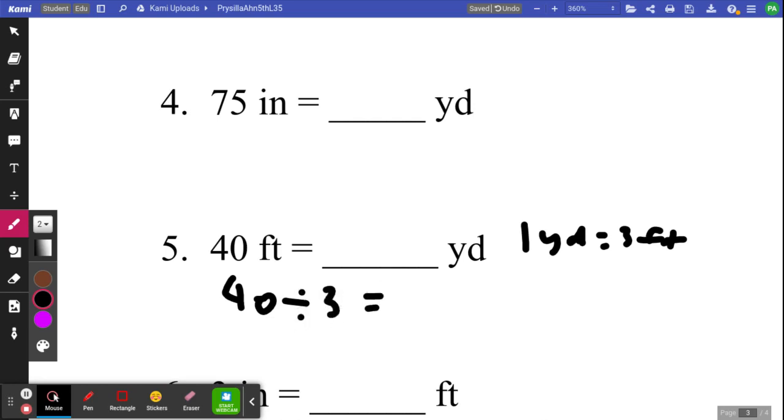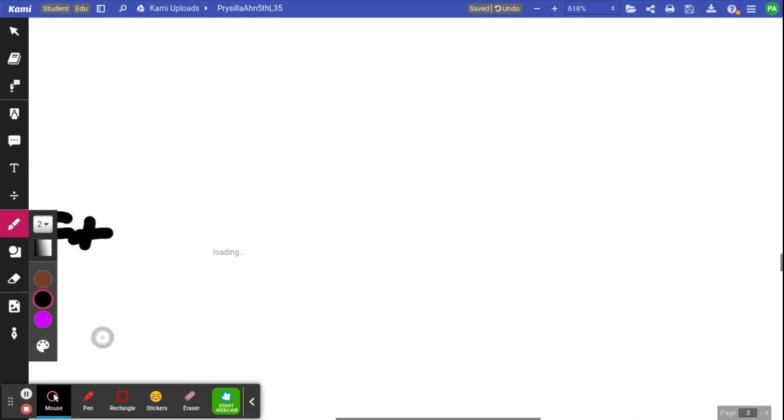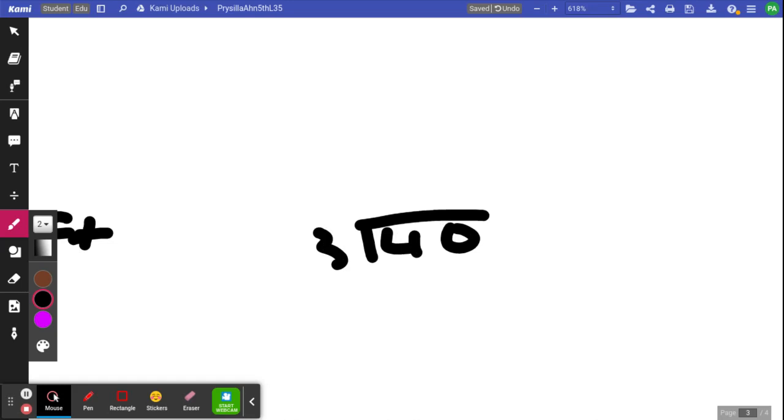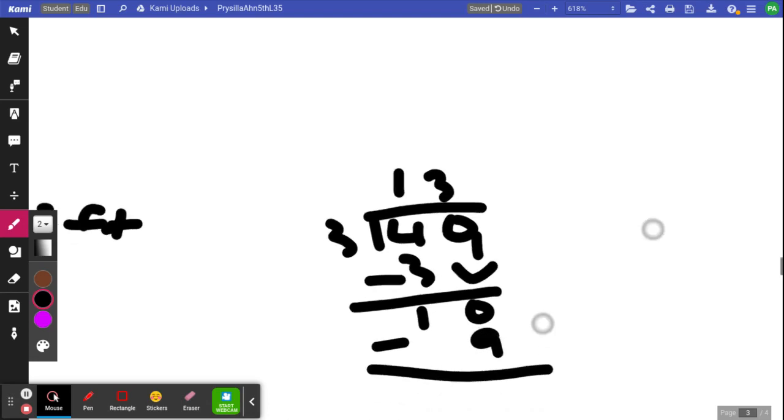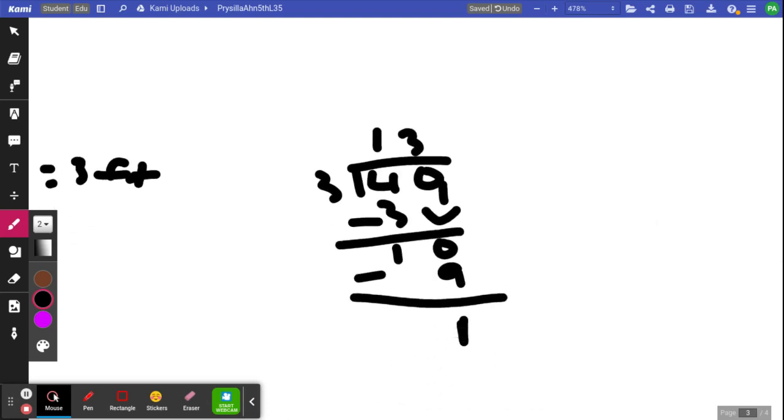And this is more of a remainder kind of thing. So let's write it out this way. So you get 1, obviously, because 3 goes into 4 one time. And you bring that down. 3 goes into 10 3 times, and then 3 times 3 is 9. And you get 1 left. And this is going to be a remainder foot.